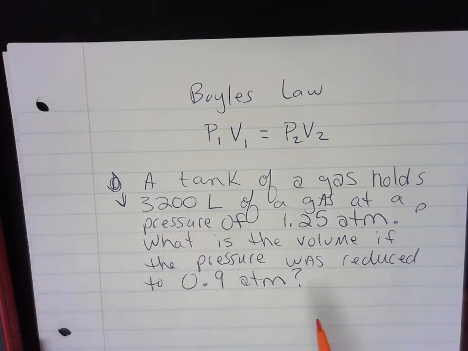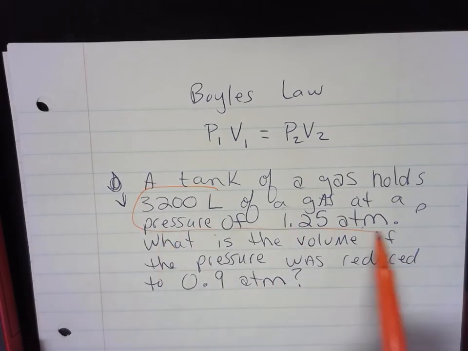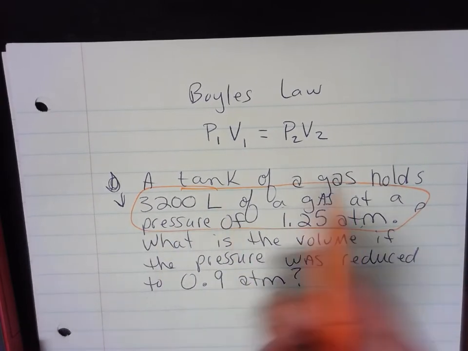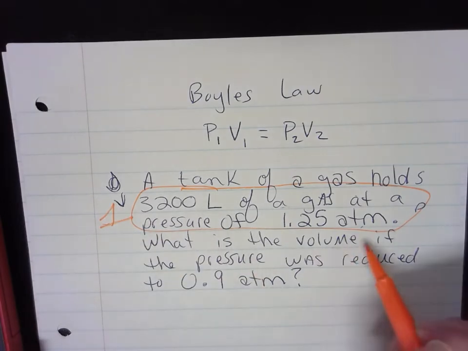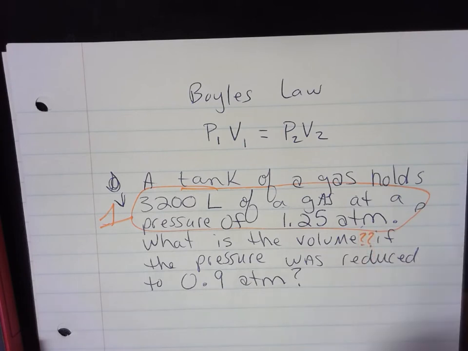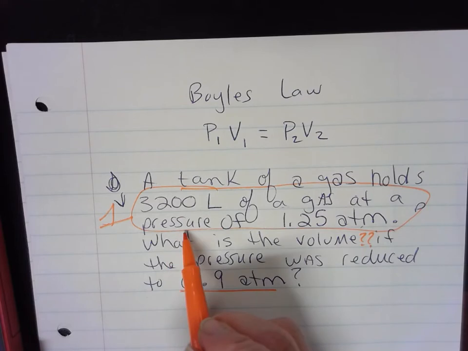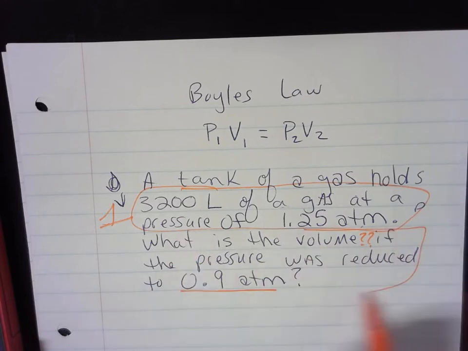Okay, I've got a tank of gas that holds 3,200 liters at 1.25 atmospheres. Okay, so this is one scenario, so I'm going to call this my 1. And then it says, what is the volume? So this is what I want to know. I want to find out volume at this pressure. Okay, so I'm going to call this my 2.